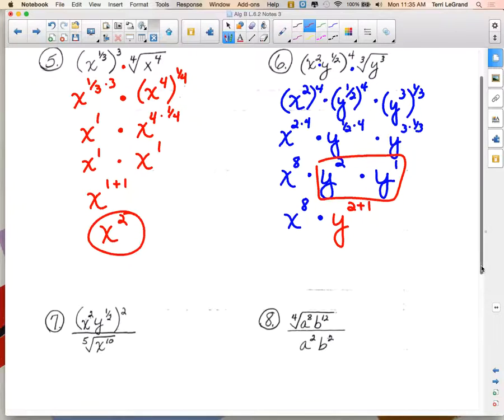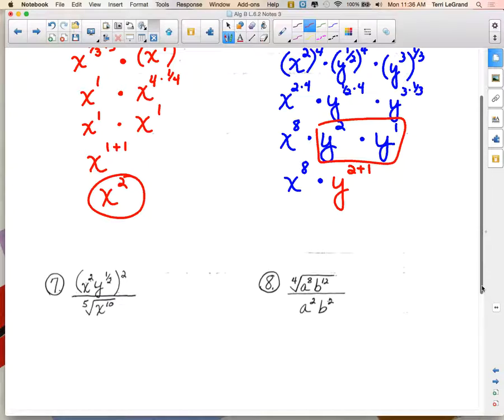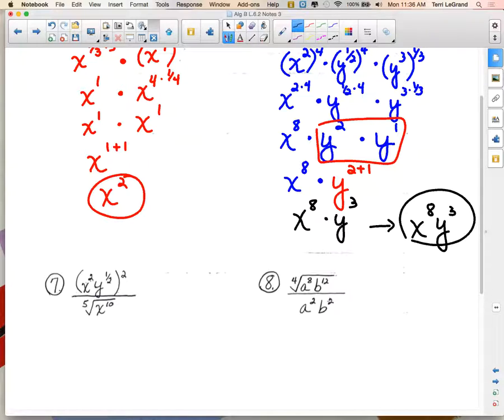In other words, they have the same base, so we can take that shortcut. So now we have x to the 8th times y to the 3rd. And would we see it in an answer bank with a multiplication dot between them? No, so we would really see this written as x to the 8th, y to the 3rd. That would be our final answer.